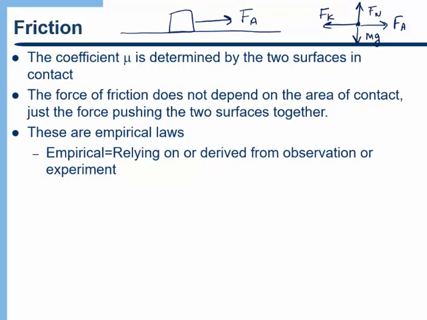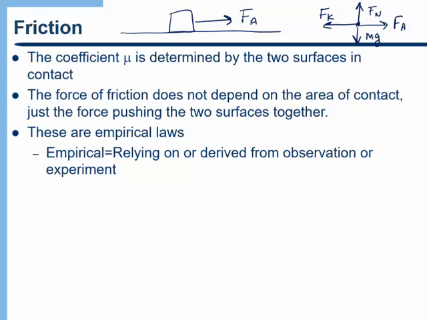One of the things that is maybe a little bit counterintuitive, you'll notice that area does not show up in our friction formulas. So the force of friction does not depend on the area of contact. Now, this is true within a reasonable value of different surface areas.